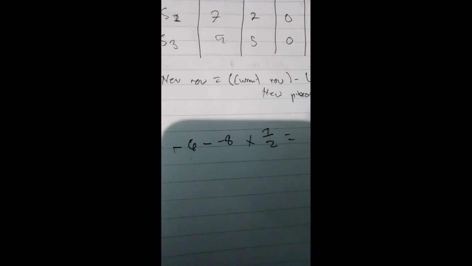Ito po yung new pivot row po. Ito times yun po doon. Then ang mangyayari po is negative 6 minus negative 8 times 1/2 is equal to negative 2. Yan po yung sagot, negative 2.